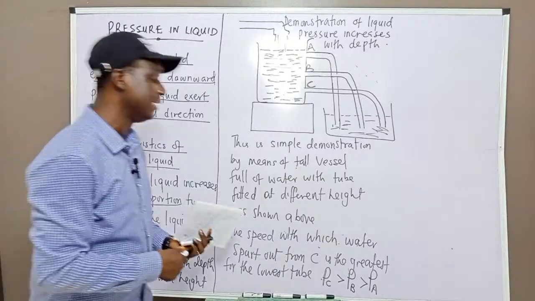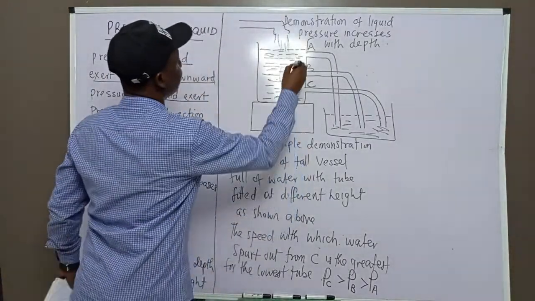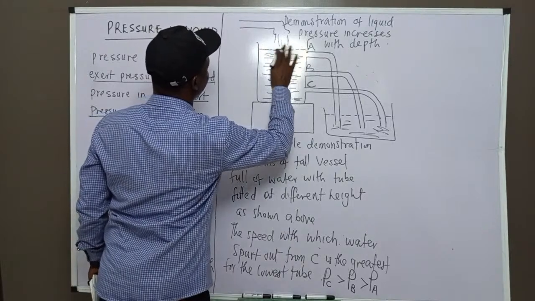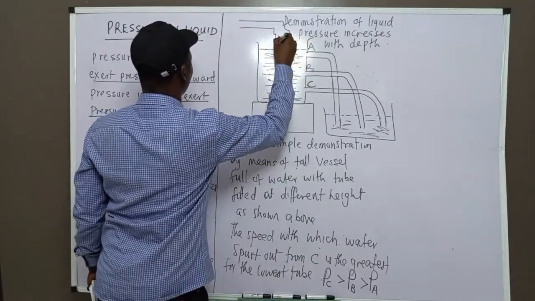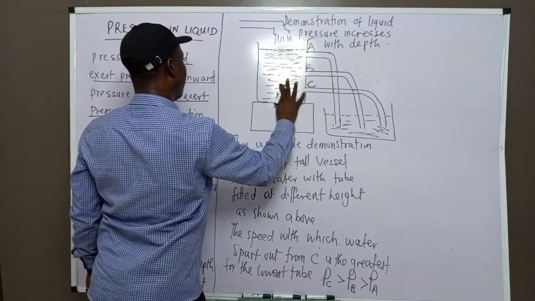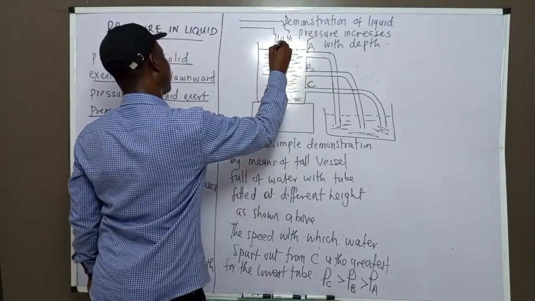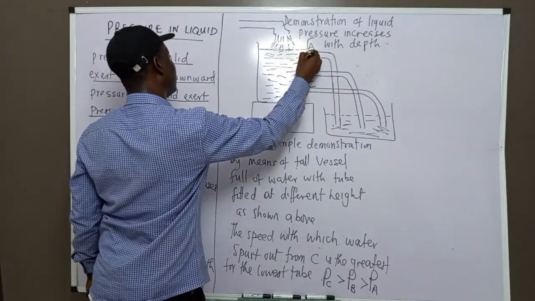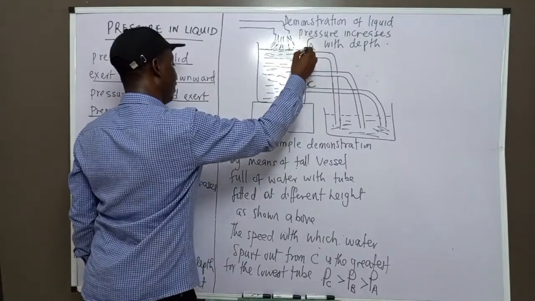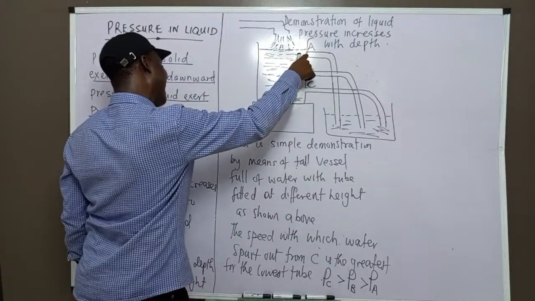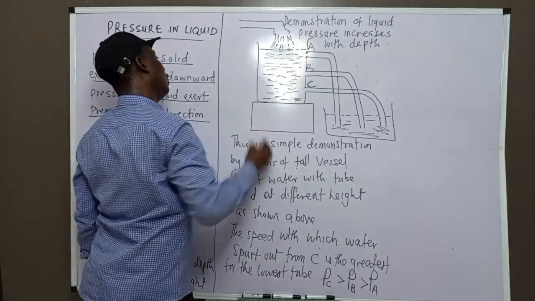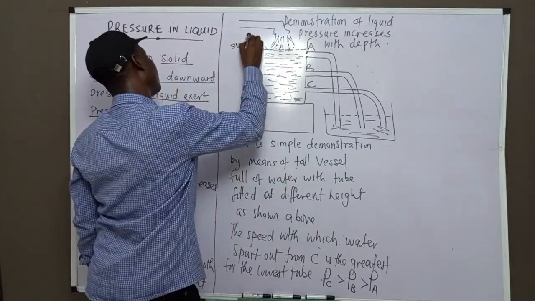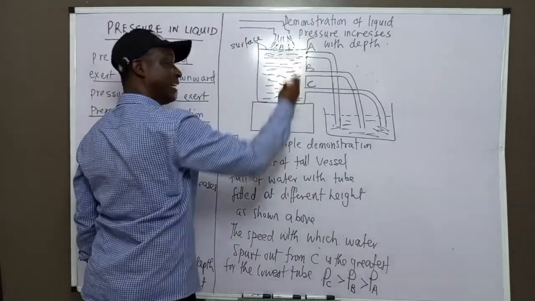Therefore, what we are saying now is that this point is very close to the surface of the water. This is the surface of the water. So at the surface of the water, the opening here at A is the closest to the surface, comparing the three of them.